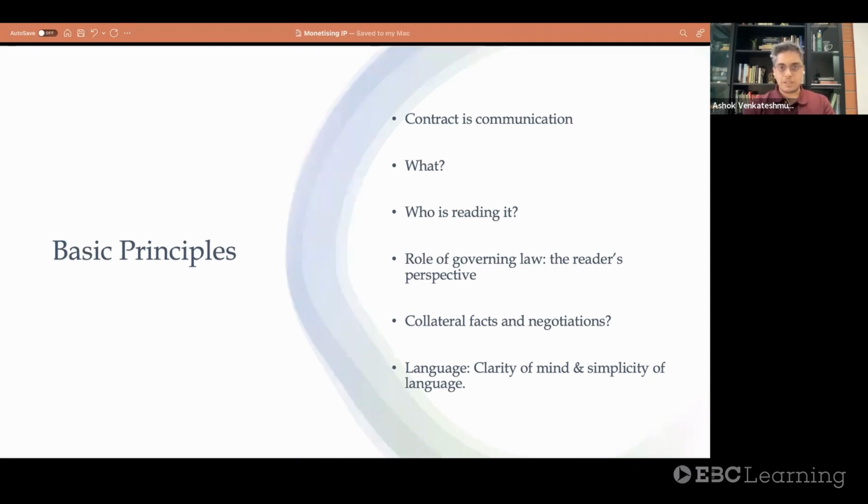Because especially in the context of IP, what often happens is that the two parties to the transaction, let's assume we're dealing with a transaction of licensing of software code, or it could be a software services agreement.